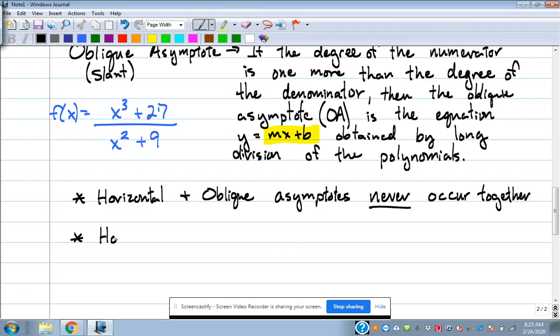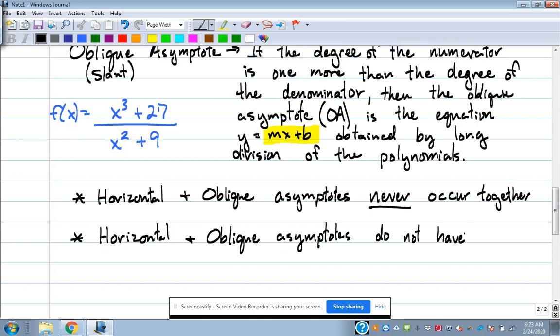So horizontal and oblique asymptotes do not have to exist. A good portion of the ones that you're going to see in practice and in examples are going to have those, because that's what we're studying, but they don't have to be there.